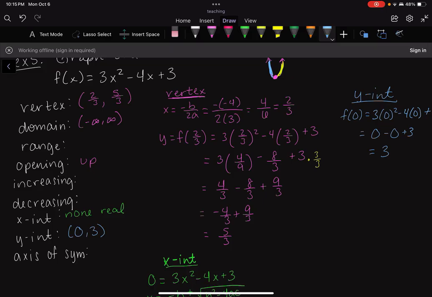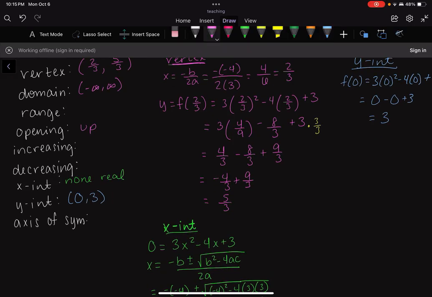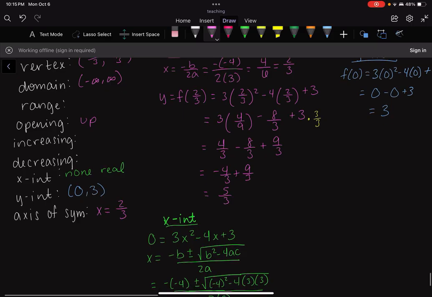That's so funny that all of them have ended up to be 3. My axis of symmetry is always x equals the x of my vertex. And now let's go ahead and graph. I'll draw my graph right here. I know I'm not being very organized right now.